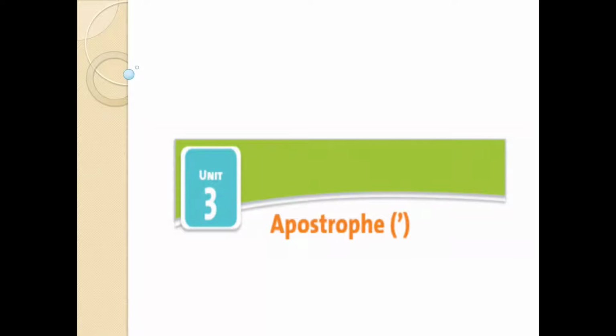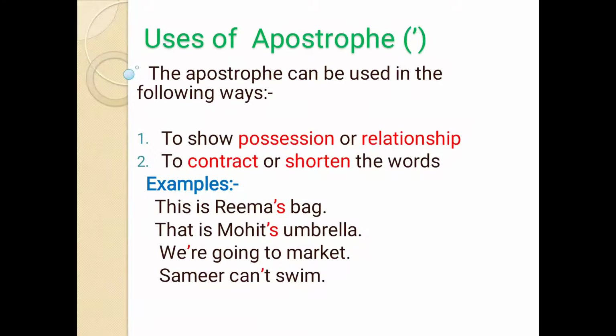Before starting the unit of our English practice book, let's learn something about apostrophe. Uses of apostrophe. The apostrophe can be used in the following ways. There are two uses of apostrophe. Number one, to show possession or relationship.